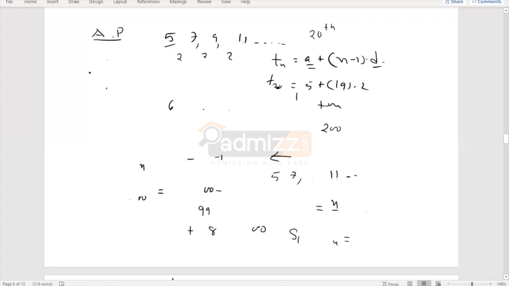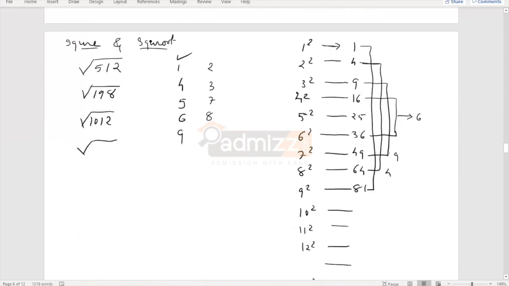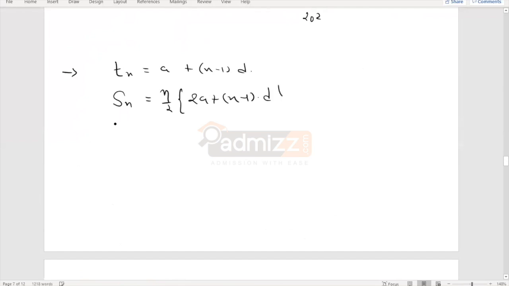And if you want to find the sum of the given terms, the first formula is A plus n minus 1 into D, you should have an idea about this. And Sn equals n by 2 in the bracket twice A plus n minus 1 into D. If you want to get the sum of the first n terms, you have to use this formula.